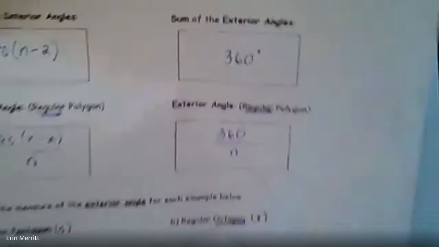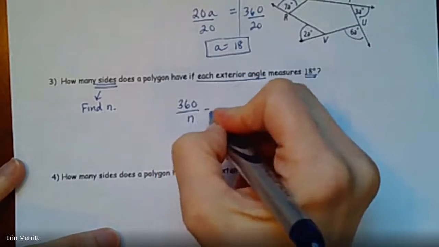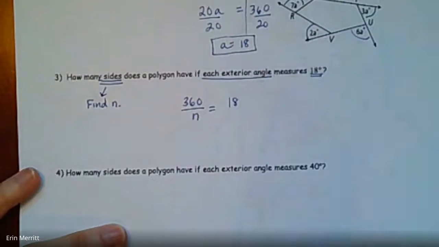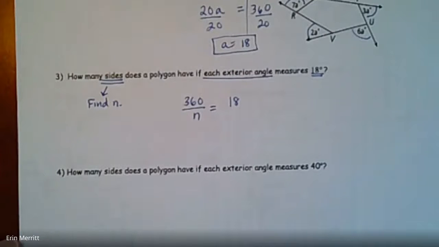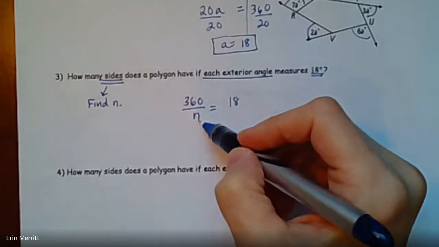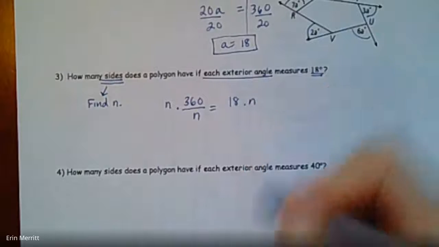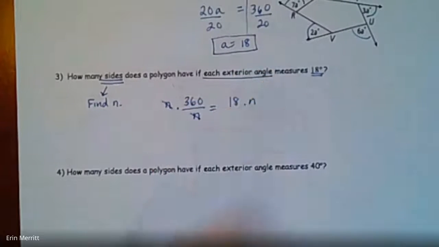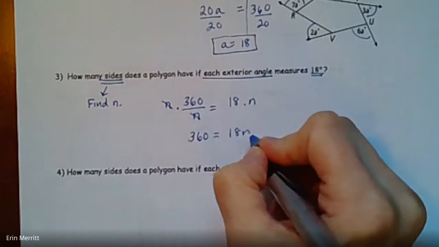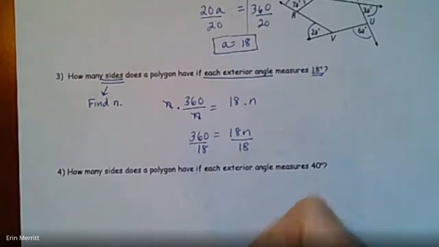So I'm going to set 360 divided by n equal to the angle it comes out as, 18 degrees. Think about how you solve this. If I want to get n by itself, I first have to get it out of the denominator. I can multiply both sides by n, and that'll get it to cancel on the left here. So I get 360 equals 18 times n, and then I can divide by 18.